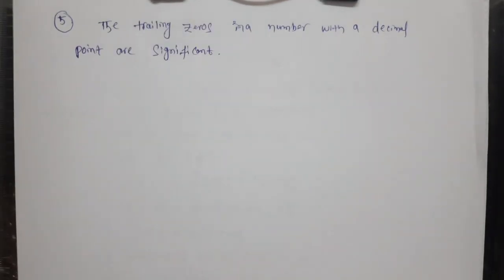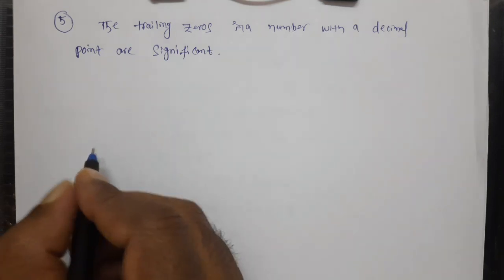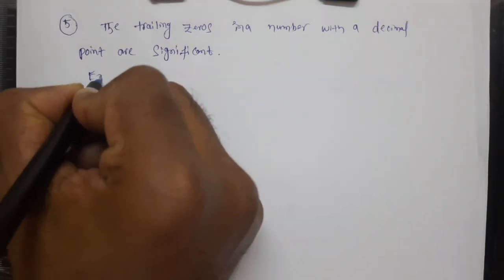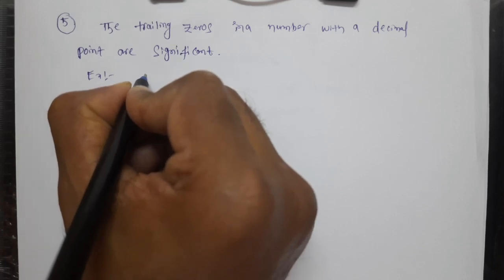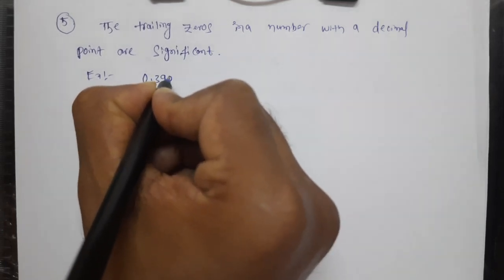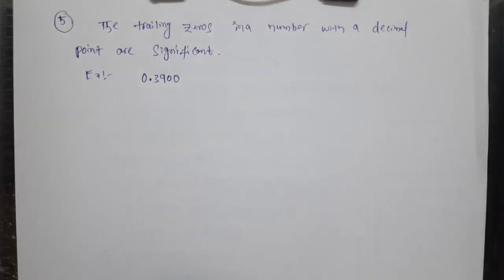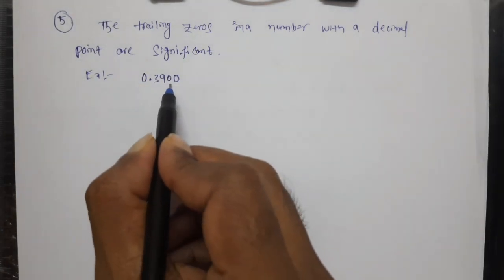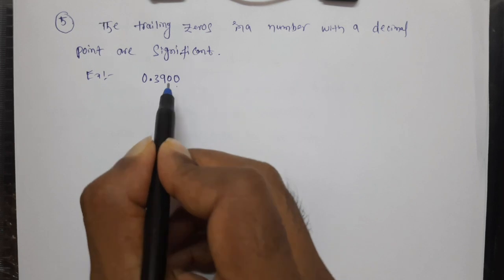Now let us write the fifth rule. The trailing zeros in a number with a decimal point are significant. For this one, if we take the example 0.3900, these two zeros are trailing zeros, but they are after the decimal point, right?